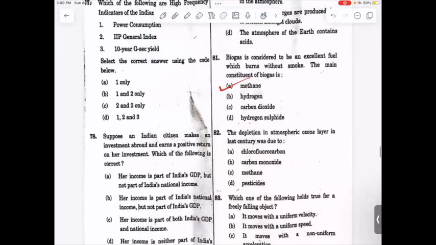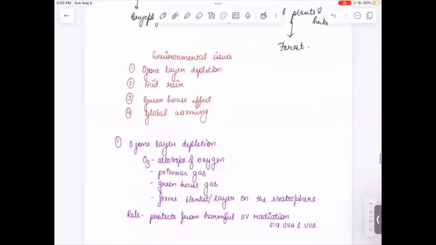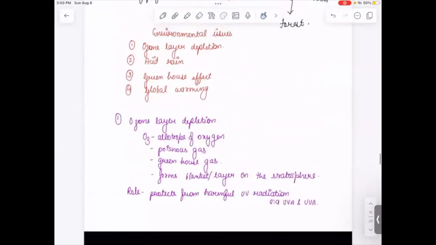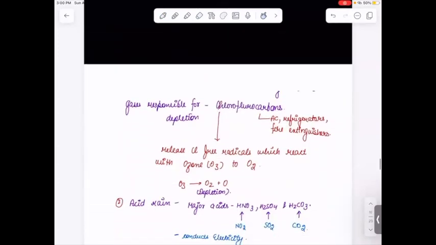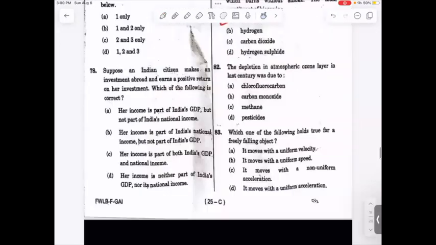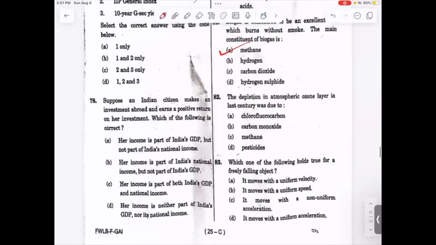Next is the depletion of ozone layer. The gases responsible for ozone layer depletion are chlorofluorocarbons, which are released from acids and refrigerants. So answer is chlorofluorocarbon.